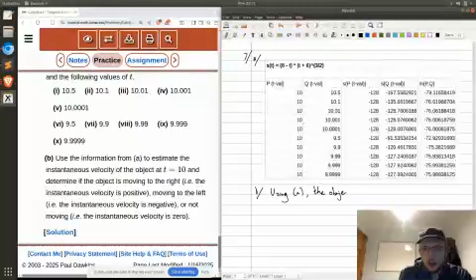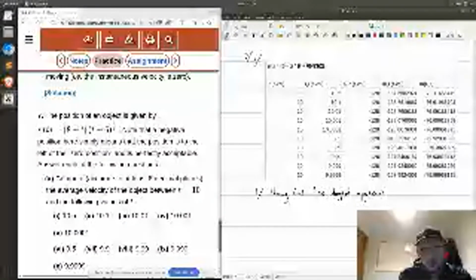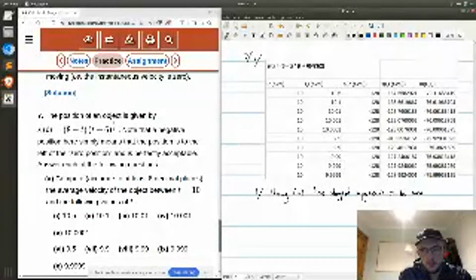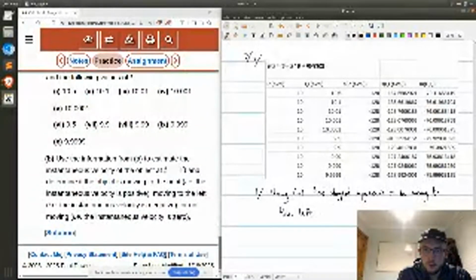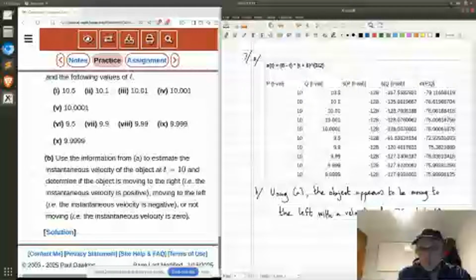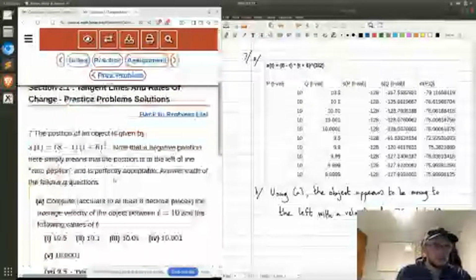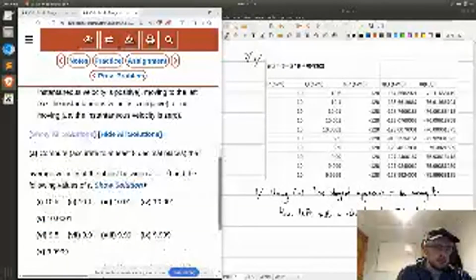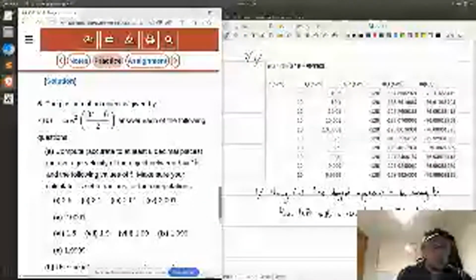The object appears to be moving... and we check. All right, that's all valid.